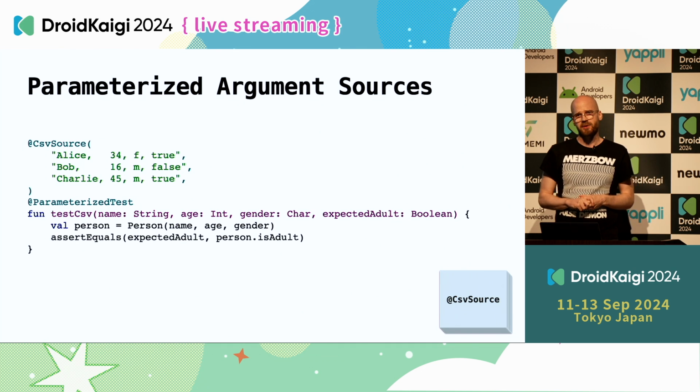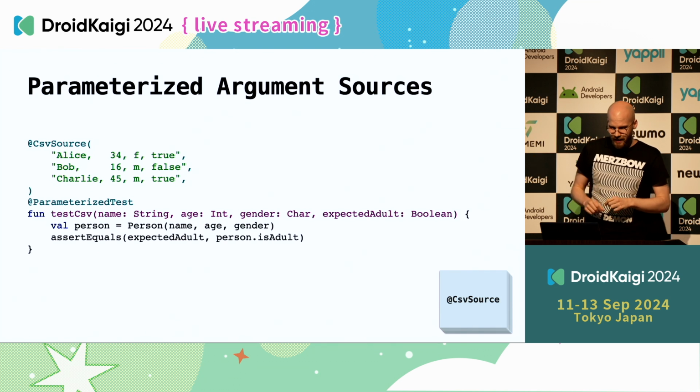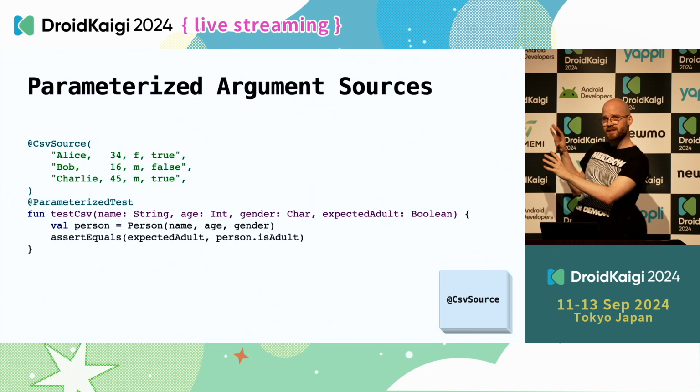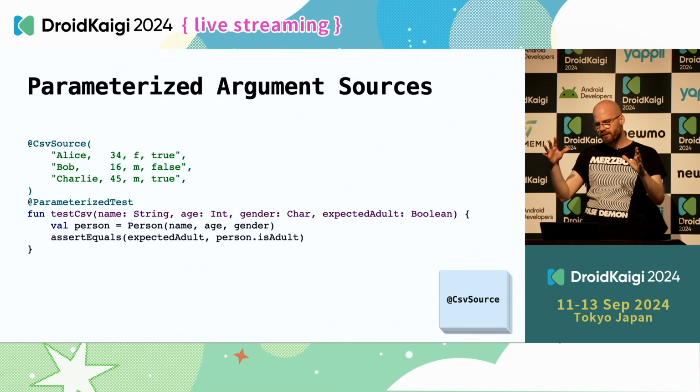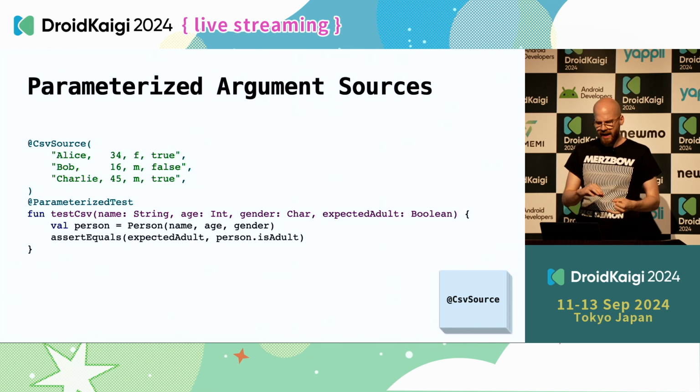Then, CSV source. This is the coolest thing you will see today. CSV source allows you to create comma-separated strings, put whatever you like, however you like, and it gives it to you as strongly typed parameters to your method. This example, we have a string name, an integer age, a char gender, and so on.